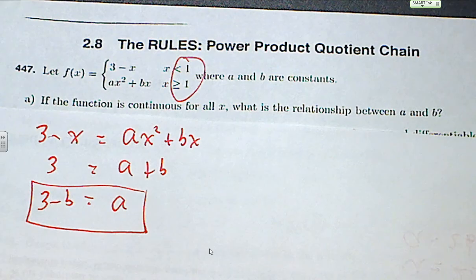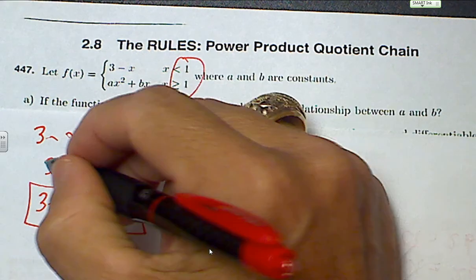A minus b then. Am I wrong? You could get 2 equal to a plus b if you want. 3 minus x, so 3 minus 1. You're right. 3 minus 1 is 2. Thank you. Sorry.